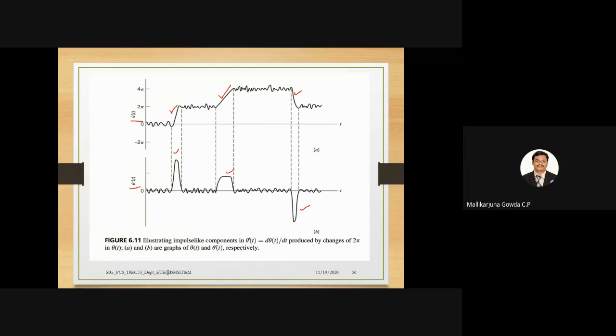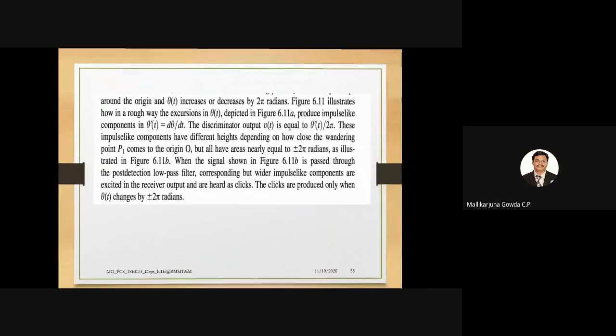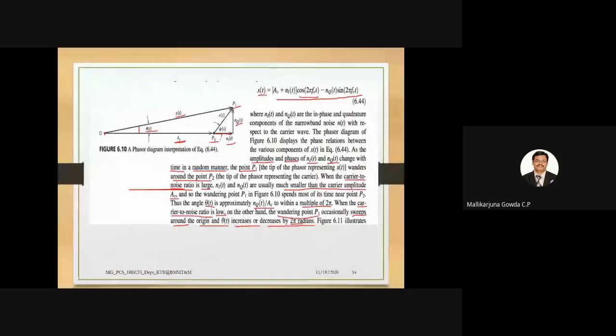It is a little bit tricky, but I made my effort to explain it in as simple a way as possible. First of all, you should get the phasor diagram and this equation, how we write this phasor diagram. Then I said the amplitude and phase of this noise component, that is the in-phase and quadrature parts, vary randomly with time.